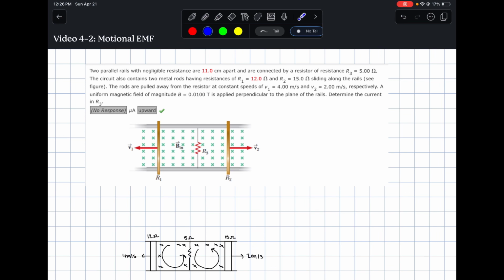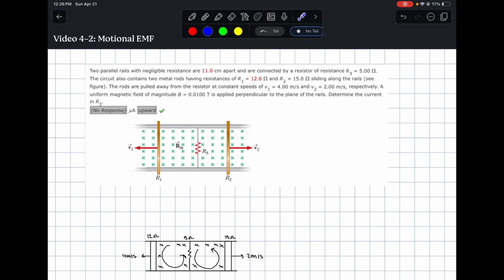Two parallel rails with negligible resistance are 11 centimeters apart and are connected by a resistor of resistance R3, which is equal to 5 ohms. The circuit also contains two metal rods having resistances of R1, which equals 12 ohms, and R2, which equals 15 ohms, sliding along the rails.